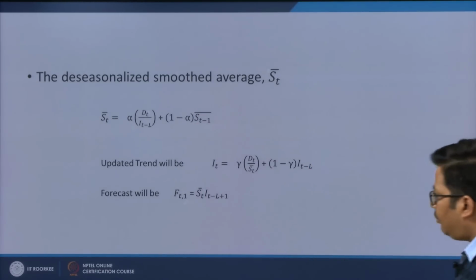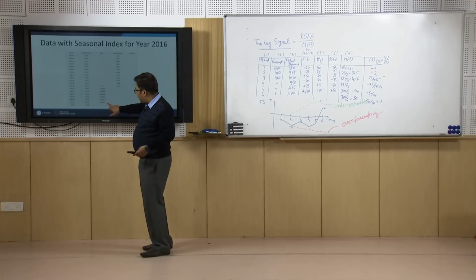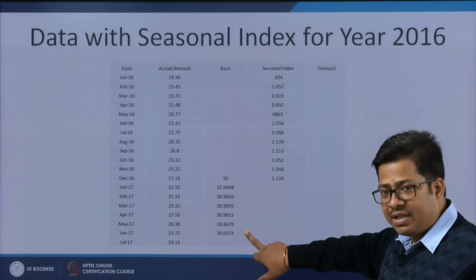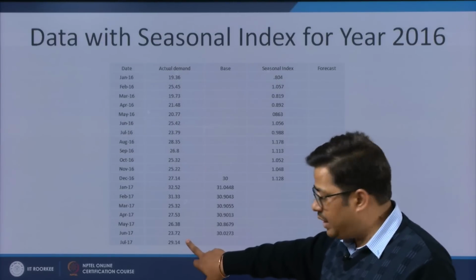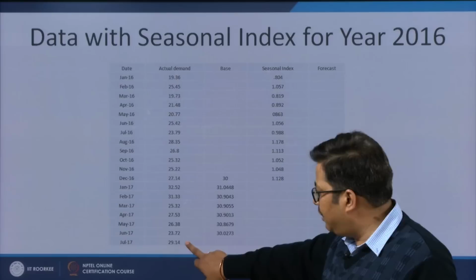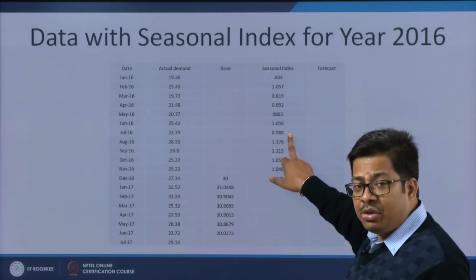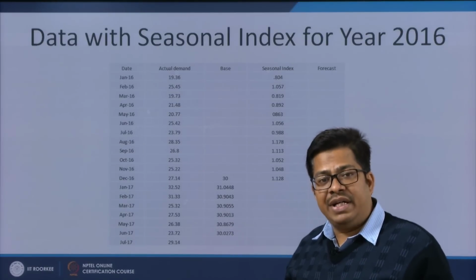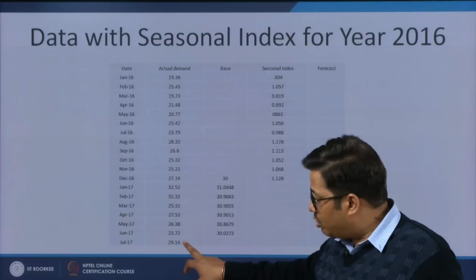If I see from this table, I take this value 30.0273, this is S T minus 1, and this is d t, 29.14. This d t will be divided by 0.988 to get my deseasonalized demand of July 2017.